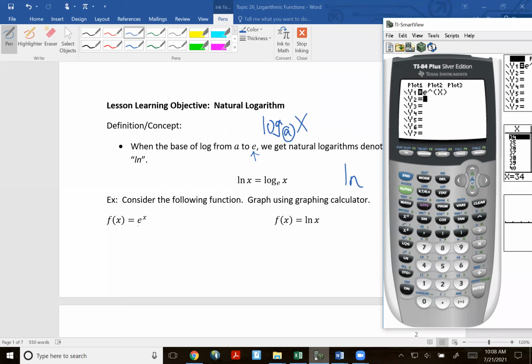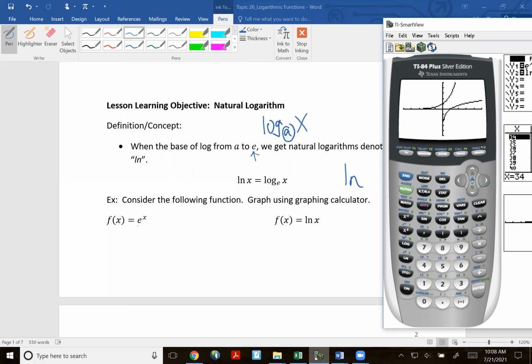The next one, I'm going to say natural log, and inside the parenthesis I just type in x. The first function is e to the x, then the natural log is its inverse. Looks very similar to 10 to the x power and log of x.